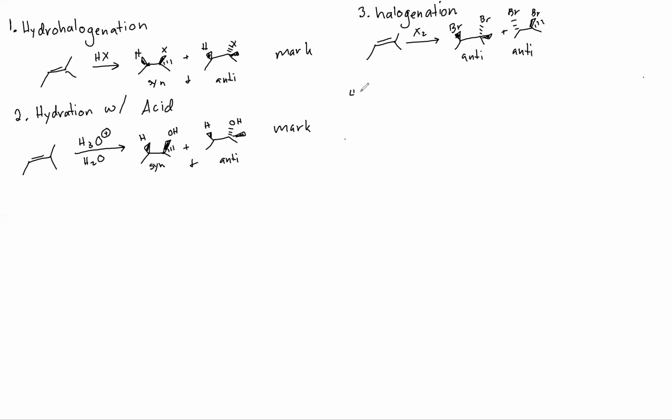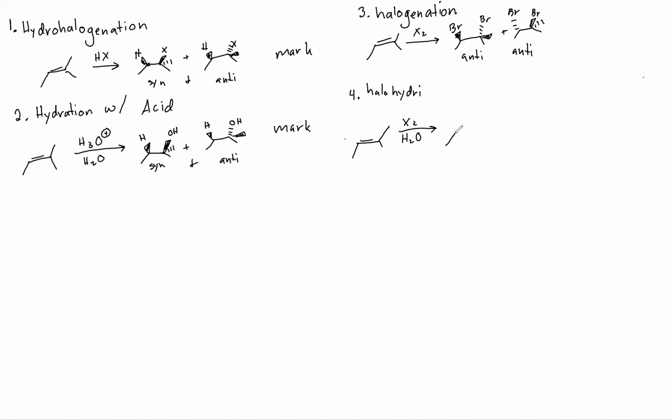Right? 4, halohydrin. We're going to use X2 along with H2O. So in this case, what you'll usually say is either 1 X2 and 2 H2O, or you can also write it as X2 over H2O, because H2O can also act as our solvent.